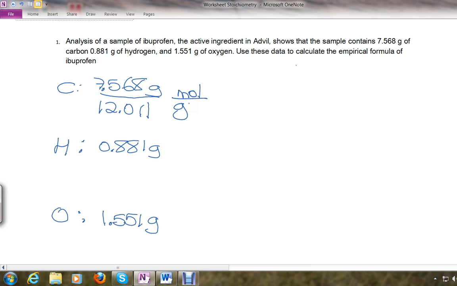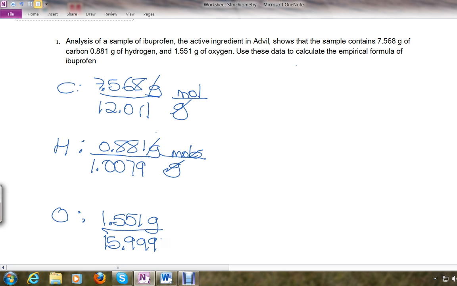Here, 1.0079 grams per mole, and here 15.9994 grams per mole.